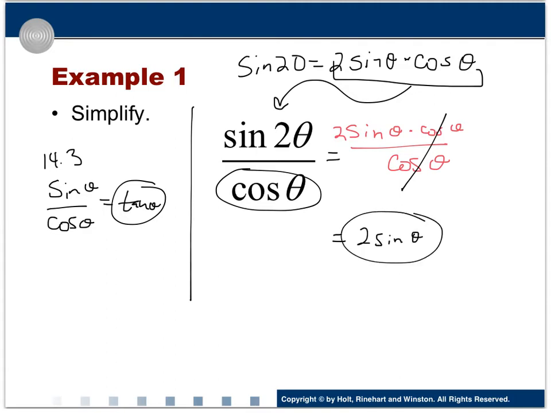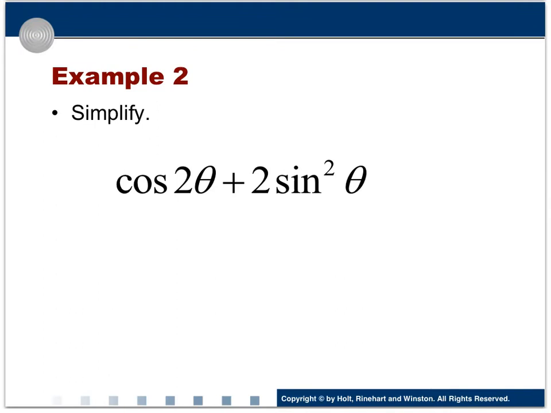And if I was to graph the initial problem or graph the simplification of it, I would get the same thing. So it's a sine graph with an amplitude of 2. And that's the process that we're going through, but instead of simplifying our basic trigonometric identities, we're using our double angle identities.